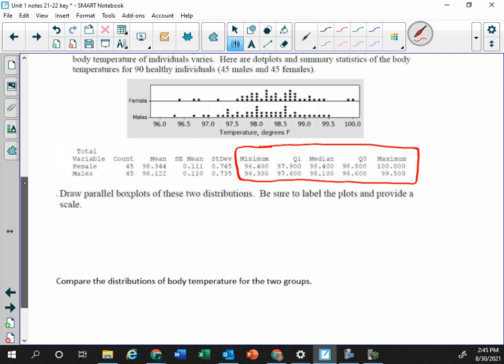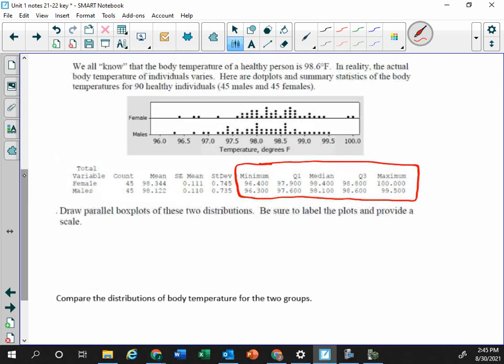That is a computer printout of this dot plot of information for you, all about body temperatures of males and females. So you're going to take that dot plot and using those 5 numbers, turn this into a box plot.